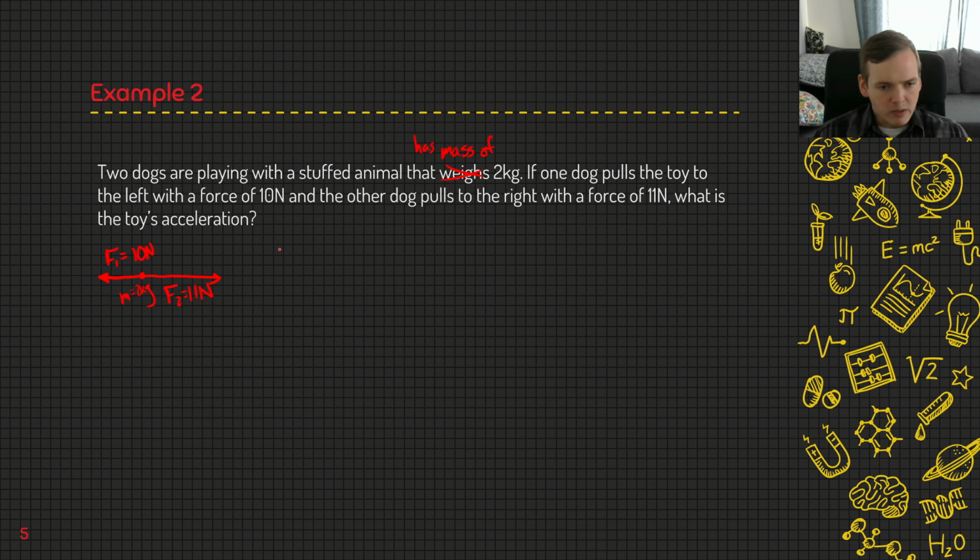Okay, so net force is equal to mass times acceleration. Again, we're solving for a. a is equal to net force divided by mass, which is equal to F2 minus F1 over m, which is 11 newtons minus 10 newtons over 2 kilograms, and that's going to give us 1/2 meter per second squared to the right.